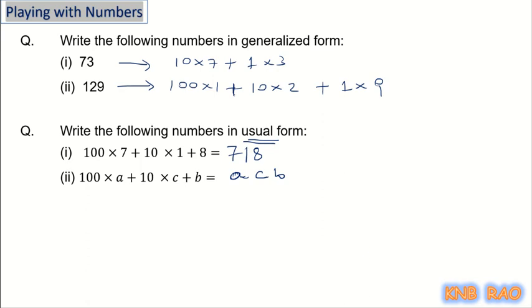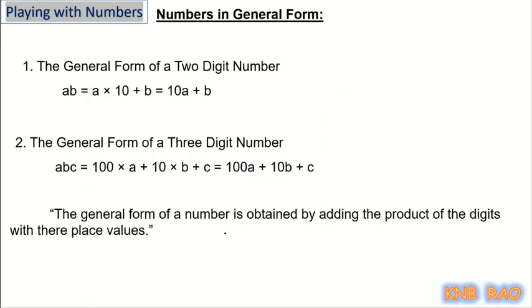So, the generalized form is defined as: the general form of a number is obtained by adding the products of the digits with their place values.